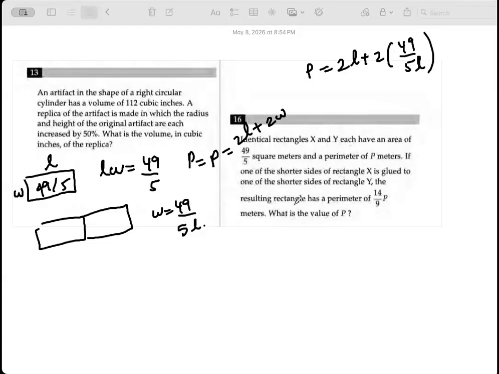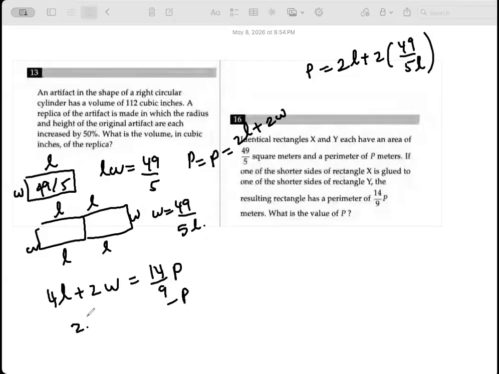Then the new perimeter: this is L, L, L, L, W, W. 4L plus 2W will be equal to 14 by 9P, right? Now if I subtract P, which is 2L plus 2W, from both sides, I get 2L equal to 14 by 9P minus P, which is 5 by 9P. So you get P equal to 18 by 5L.